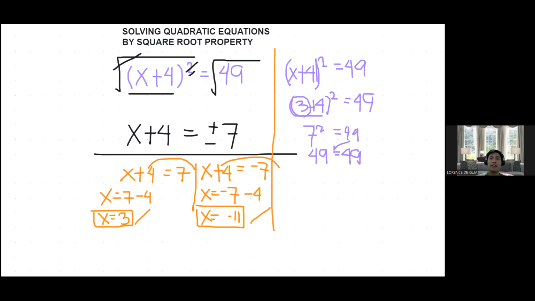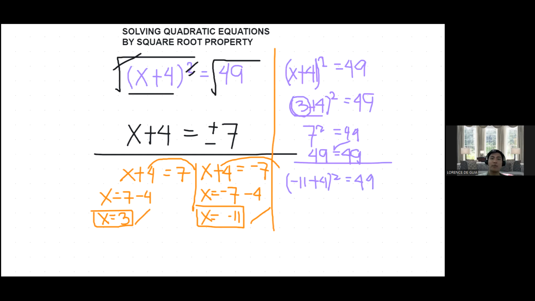Next, if x is equal to negative 11, we have negative 11 plus 4 squared equals 49. By PEMDAS rule, solve what's inside the parentheses first.